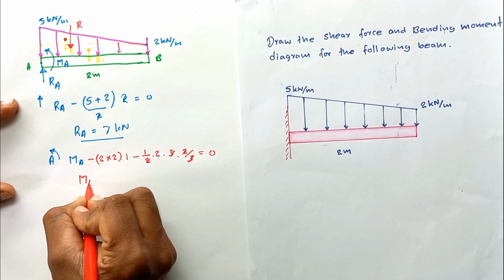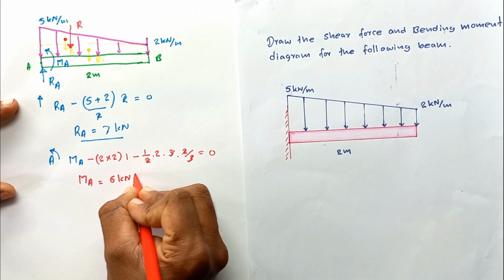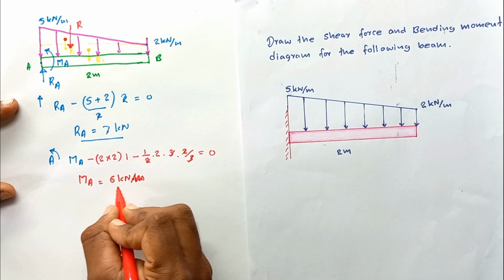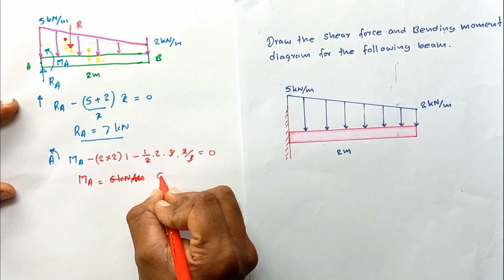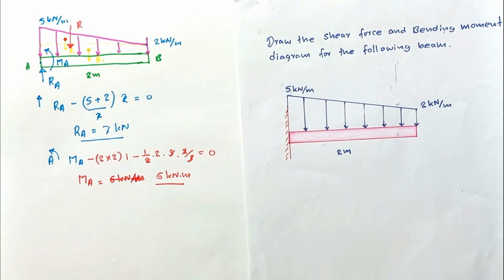Then MA is equal to 6 kilonewton meter. 6 kilonewton meter torque. Okay, then I'm going to obtain the shear force and bending moment equations.